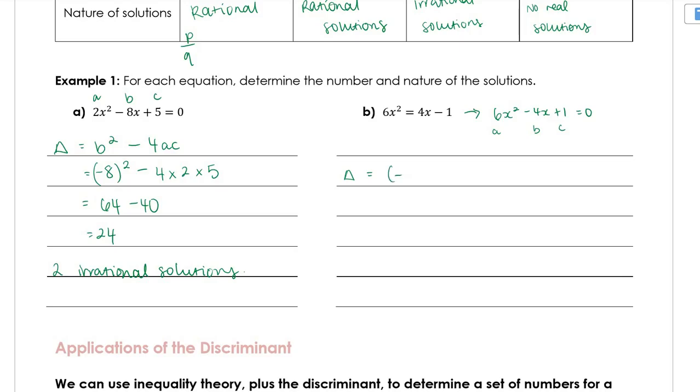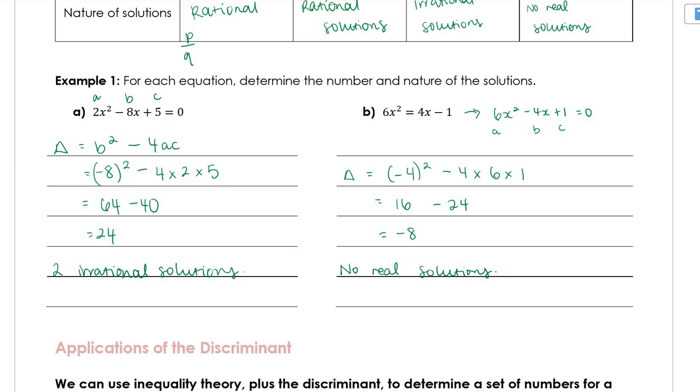We've got -4 squared minus 4 times 6 times 1. So I've got 16 take away 24, which is -8. So I have no real solutions for that one, okay? That just very quickly tells you if your graph is crossing the x-axis, how many times it does, if you're above, below, so on, okay?